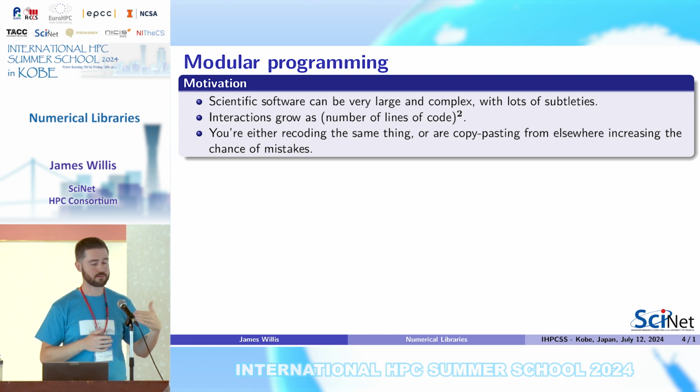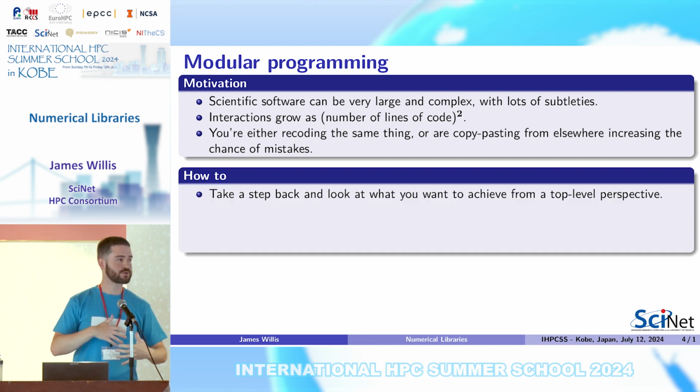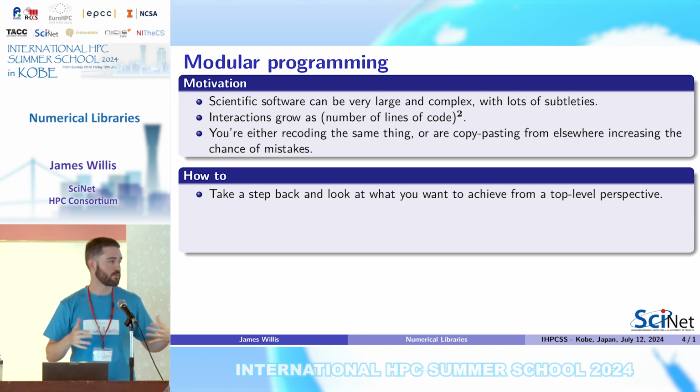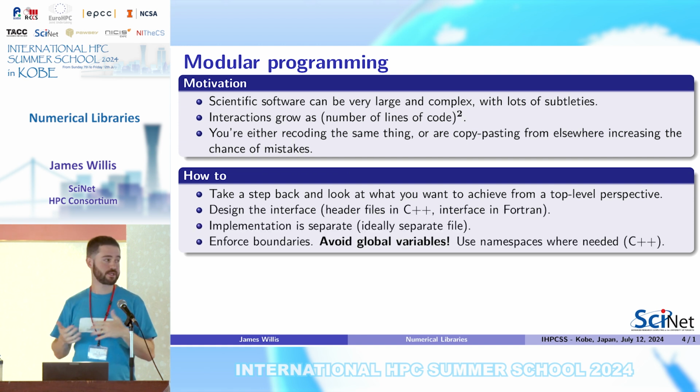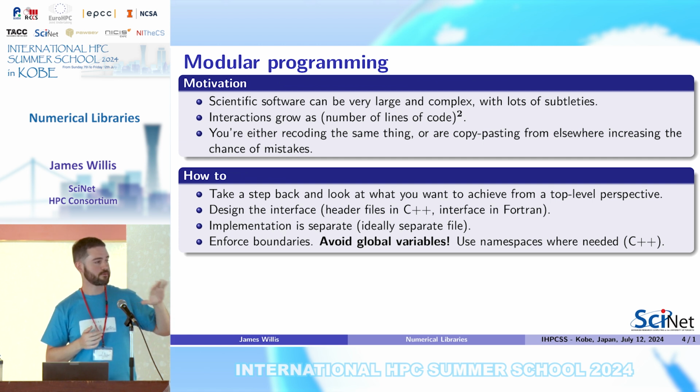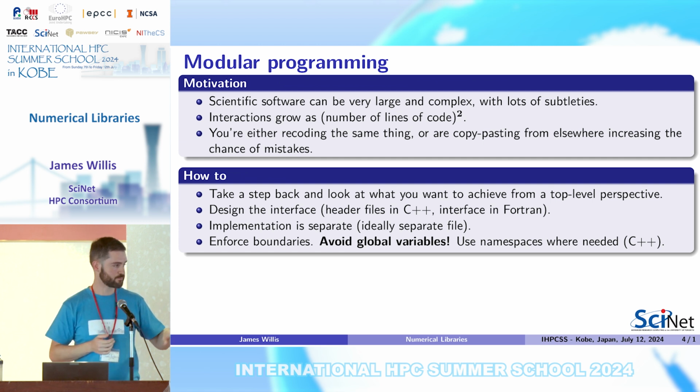So how do we actually do modular programming? Instead of just diving straight into the implementation of the code, we want you to take a step back first and look from a top-level perspective and design the code in such a way that you separate out the interfaces, what we call the API, the Application Programming Interface, into header files in C++ and interfaces in Fortran's case.